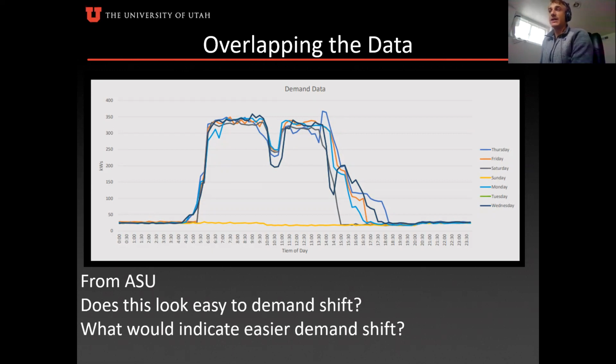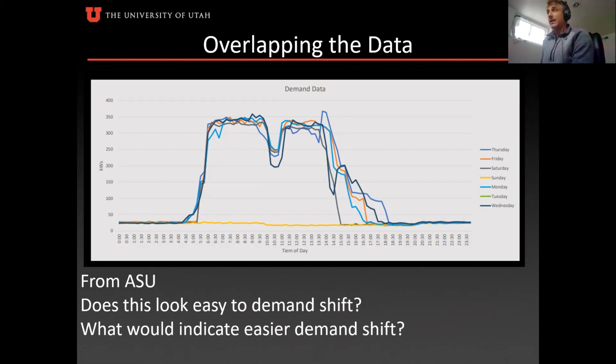In this process, it looks like their power draw is basically the same every single day, which to me indicates that the process is pretty rigid in how they're functioning. There's not all that much flexibility in what's going on.